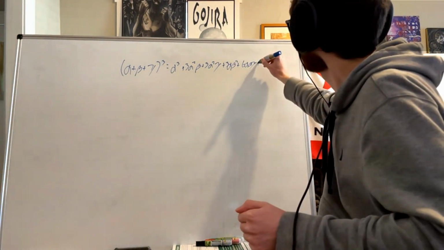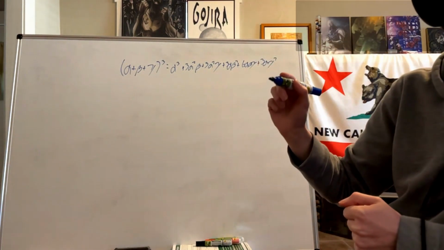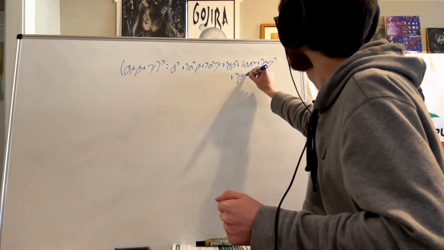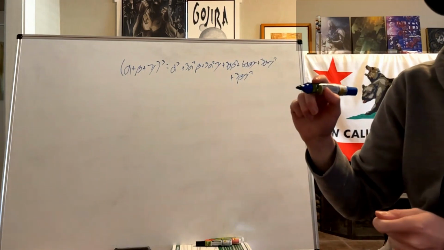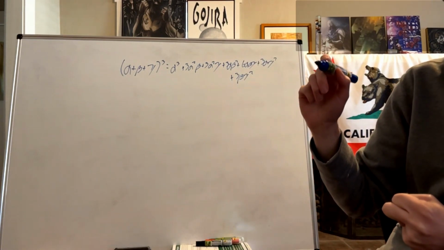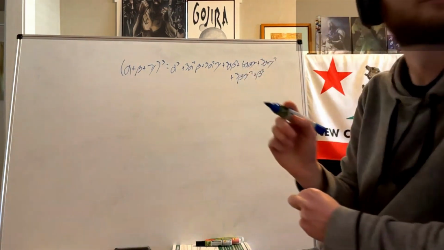3xc squared. 3 beta gamma squared. Plus beta cubed.